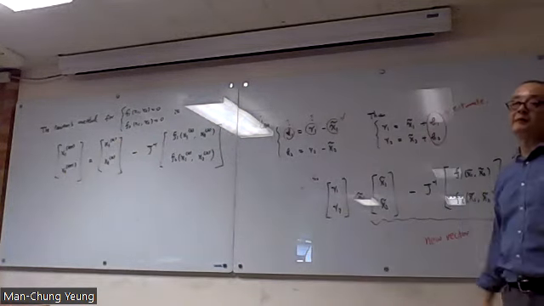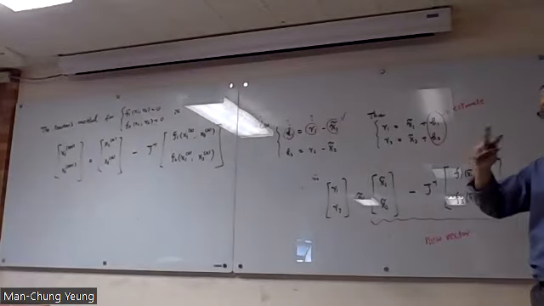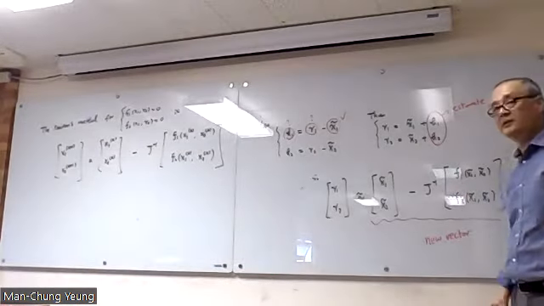This is Newton's method for two equations, two unknowns.